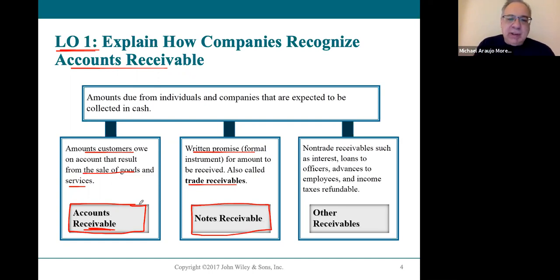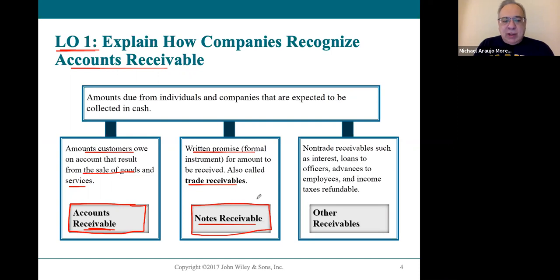Usually they're in monthly intervals or in periods of 30 days. I'm willing to give you a longer period of time, say 90 days. And in exchange for giving you that longer period of time, we're going to charge you interest, and you're going to sign that this is the deal. And that's a note receivable.